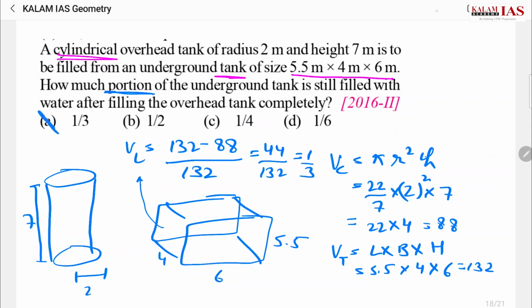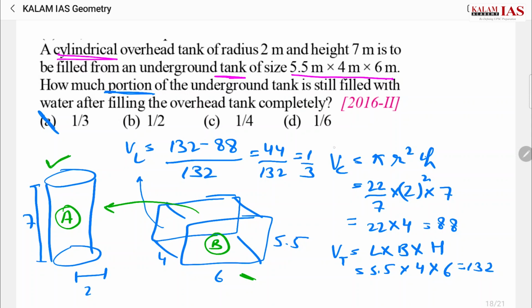I'll just bring a small recap. So there are two tankers. One is this cylindrical tank A and this tank B, with all the dimensions which are given. Now water is transferred from this tank to this tank, and the question asks how much water will be left in this tank when this entire tank is filled completely.